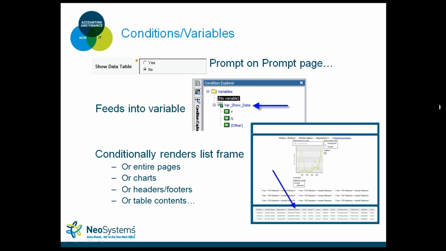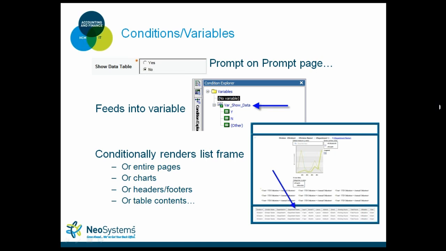At the top of the screen, you can see the initial prompt, which the label to the left just says, show the table data, yes or no. That's when the person runs the report, that's the prompt that they'll see. And this essentially says, well, we have available a section of the report that could be viewed, or maybe you want to see it or you don't want to see it.